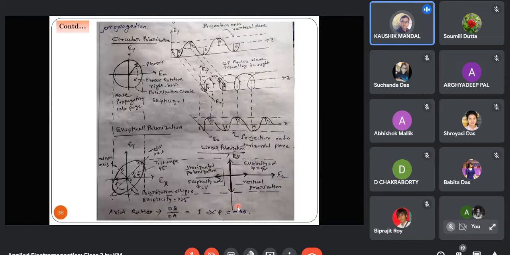So the question is how we can superimpose the x component and y component of the electric field vector. In this regard, you will not consider the whole figure at a time. You have to consider one by one. First, you consider this one.